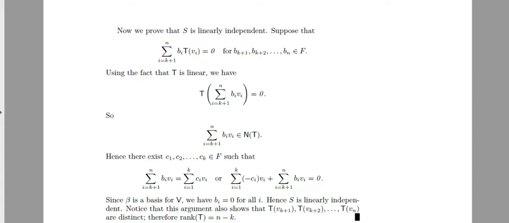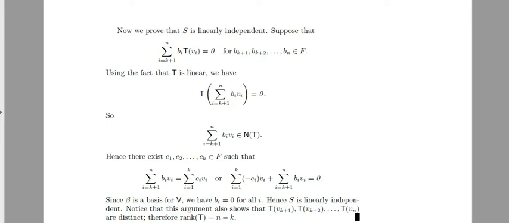That is, the summation of bi vi, i from k+1 to n, belongs to kernel space of T. Since we know that the basis of null space of T was v1 to vk, we get summation i equal to k+1 to n of bi vi is equal to summation i equal to 1 to k of ci vi.